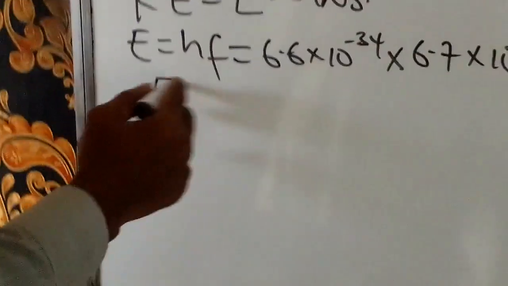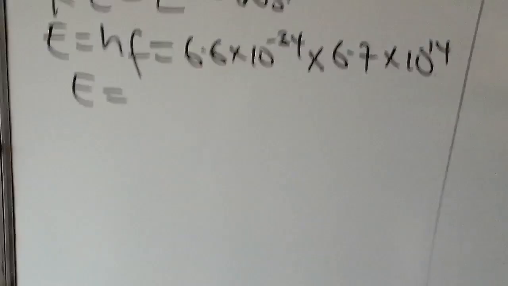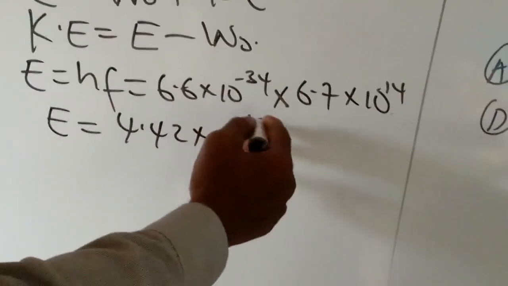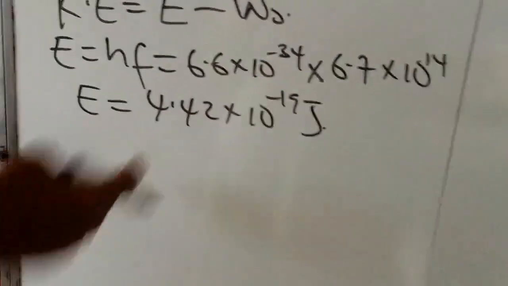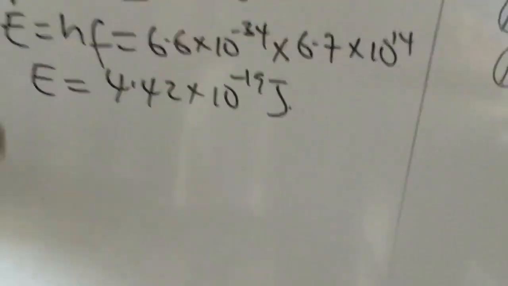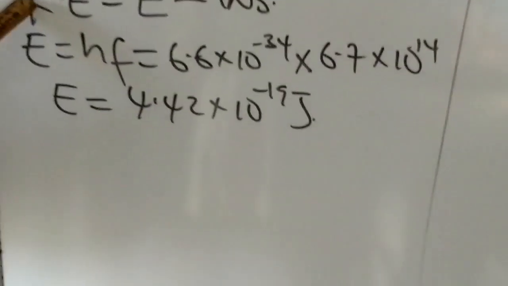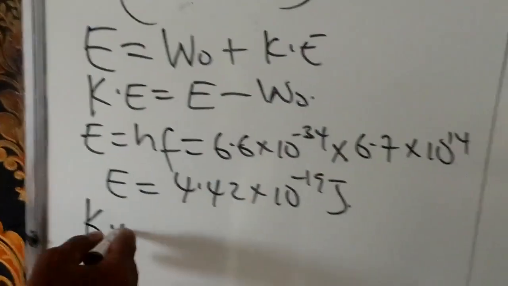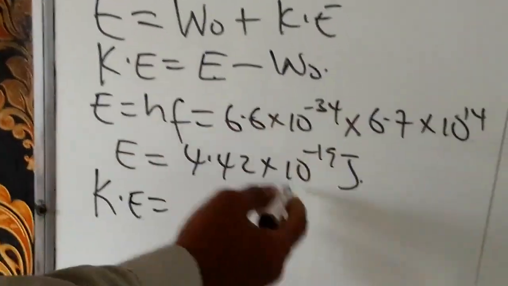We now have the energy of radiation as 4.42 to the power minus 19. So this is the energy of the radiation that falls on the metal. They were looking for the energy of the electron.